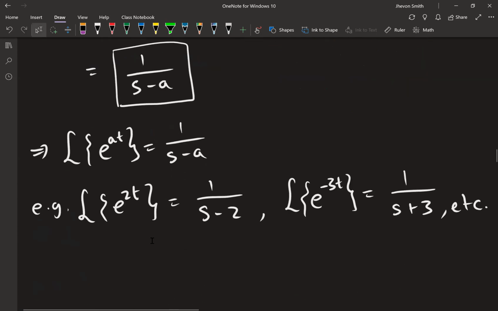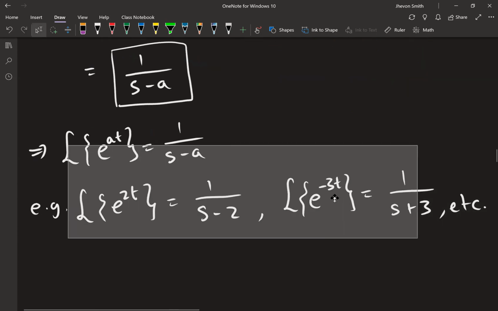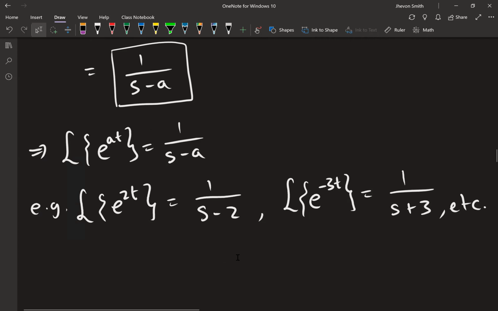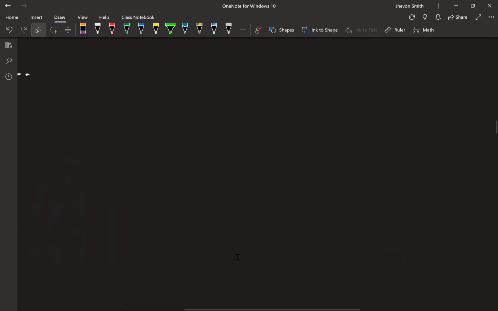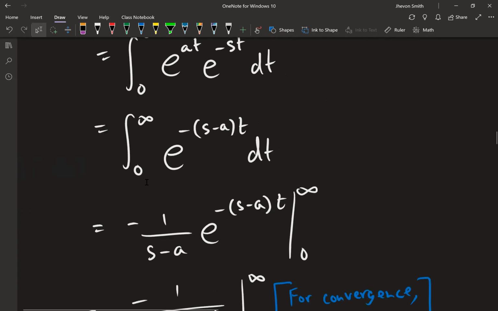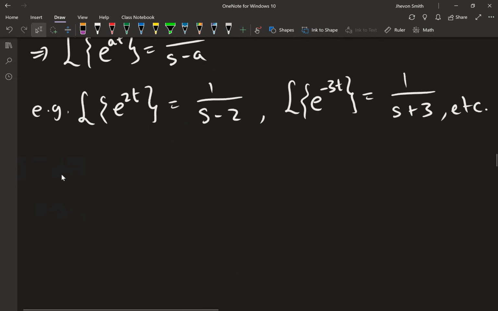So we get that. And now we know how to find Laplace transforms of exponentials. What about power functions? So t to the n, where n is some positive integer, like t squared or t cubed, et cetera. I want to find the Laplace transform of such a function, t to some positive integer power.